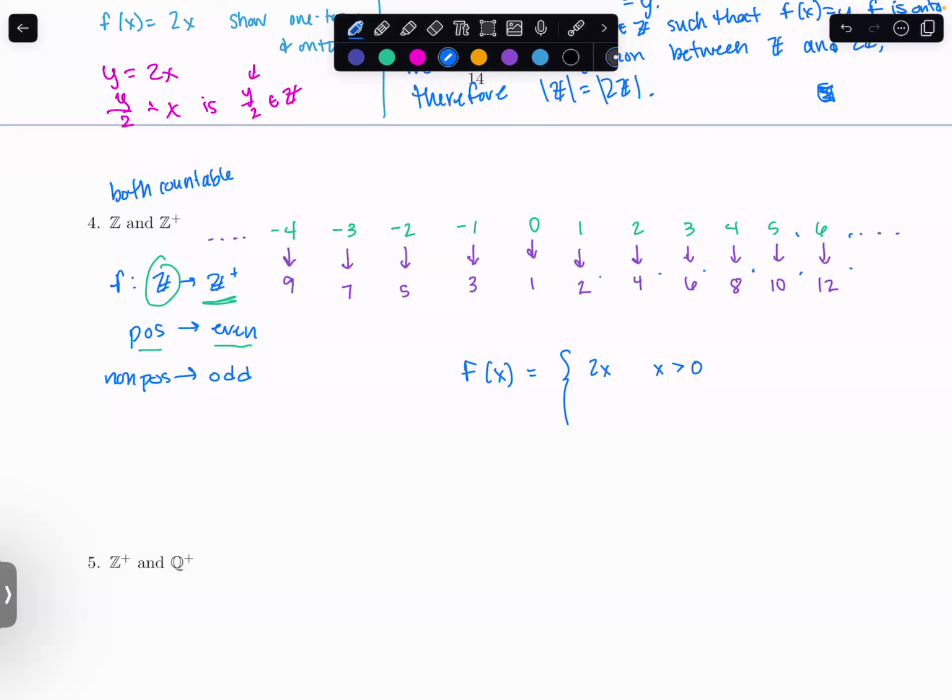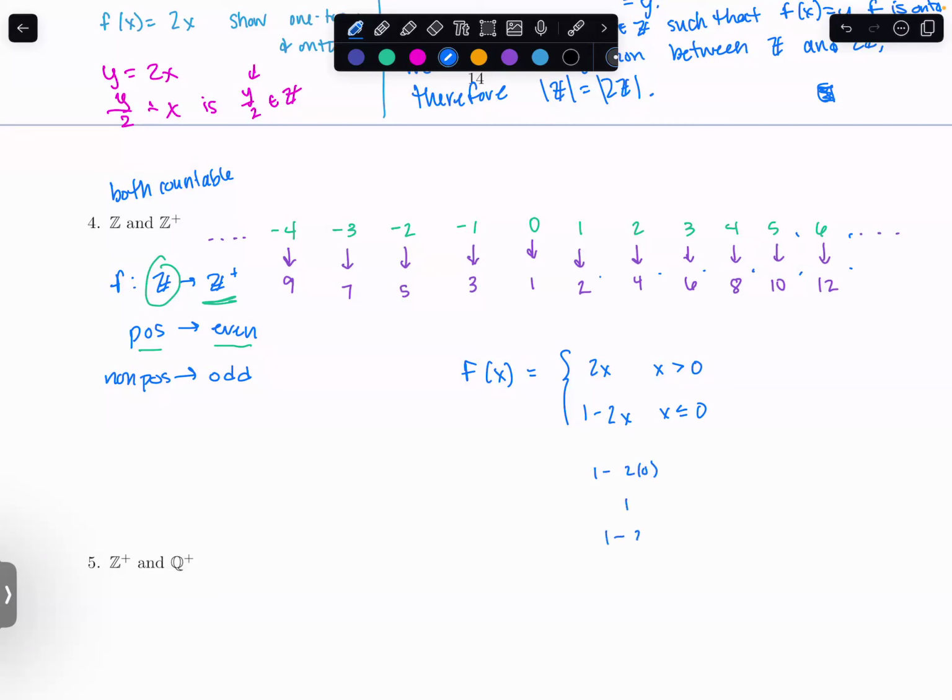Let's see, for going this way, 0, 1 goes to 3. So I'm going to get bigger. So we're going to subtract with negative: 1 minus 2x when x is less than or equal to 0. So let's try that. If we do 1 minus 2 times 0, we get 1.